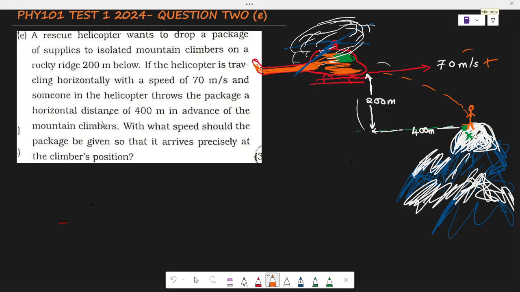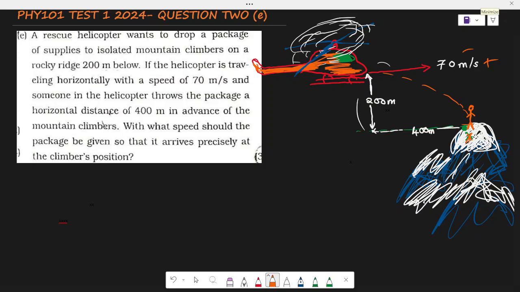Okay, so we need to find the speed at which this guy is supposed to throw this package in order for the package to precisely land at the position where the mountain climbers are. We've been told that the vertical position is 200 meters above the mountain where the climbers are.